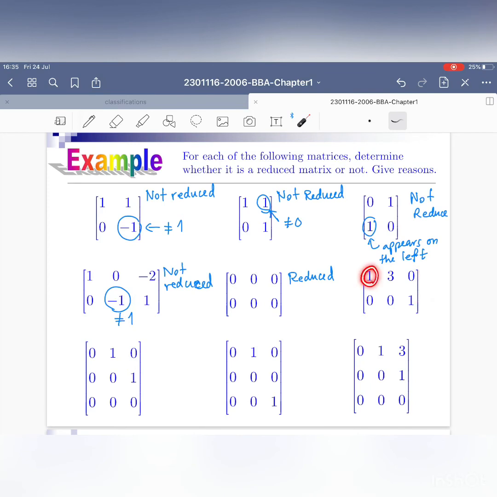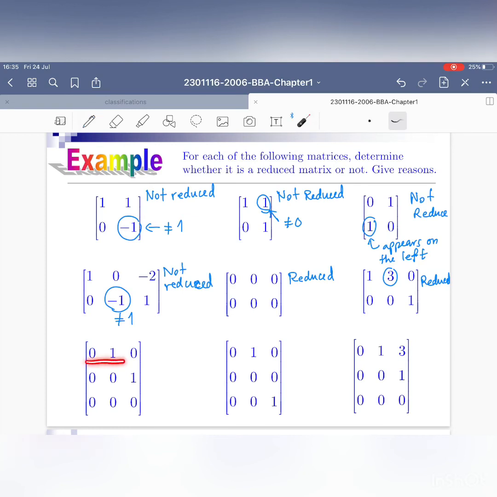And your leading of the first row is on the left of the leading of your next one. So it looks like this. So it is already a reduced matrix. Even though here is not a 1, it is still okay.